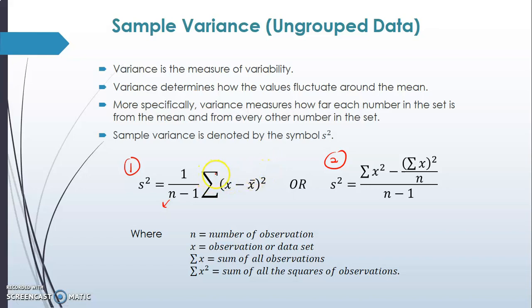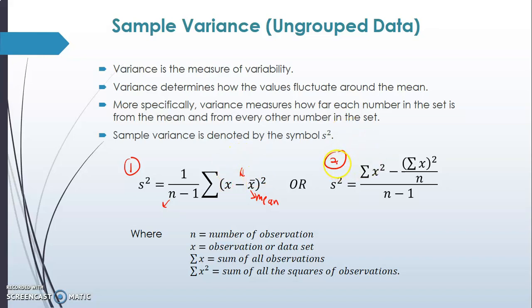And inside this summation notation here, we have (x minus x bar) square. X bar here represents the value of the mean. So we must find x minus the mean, and then we need to square that value. Okay, so in this bracket here, it is the difference between the value and the mean value, and then square it. Alright, okay, that is the first formula.